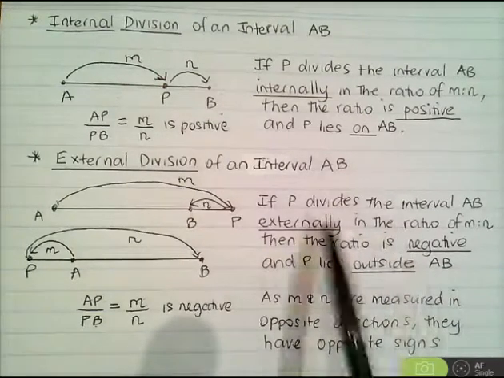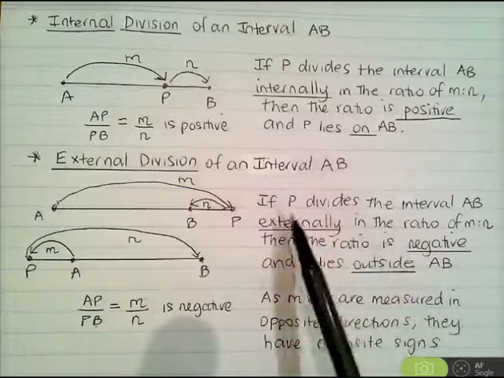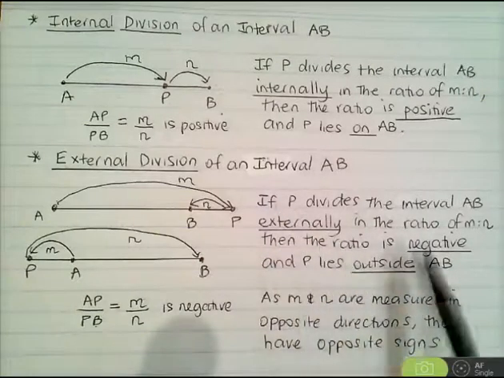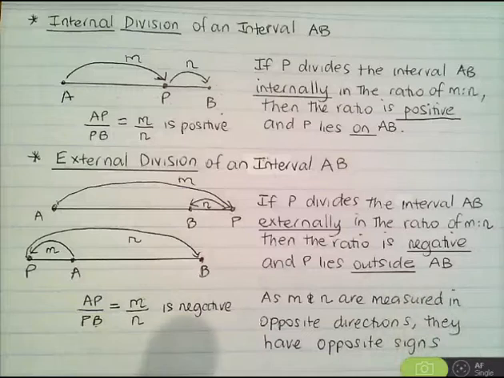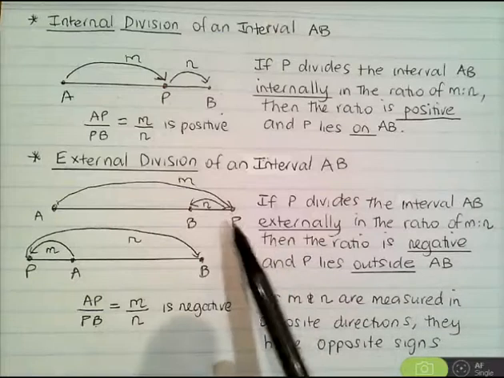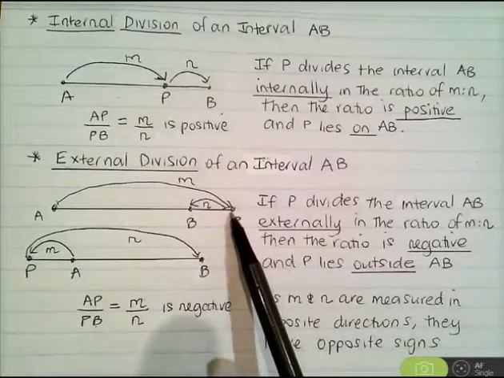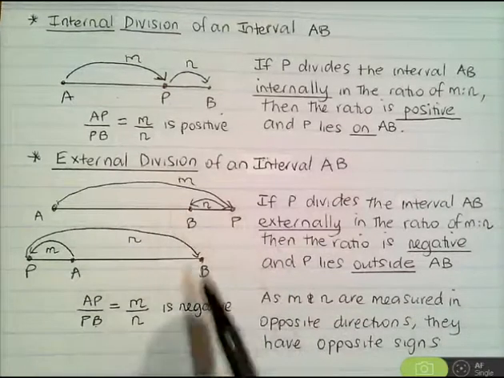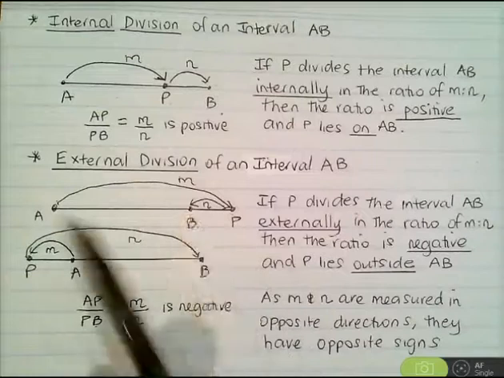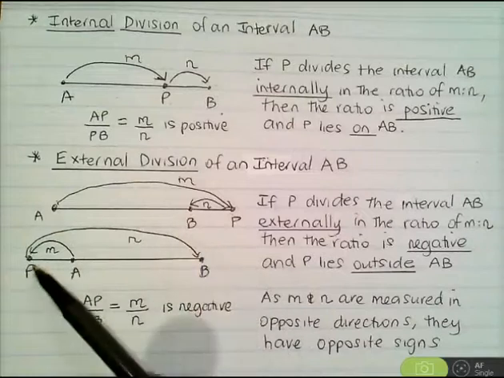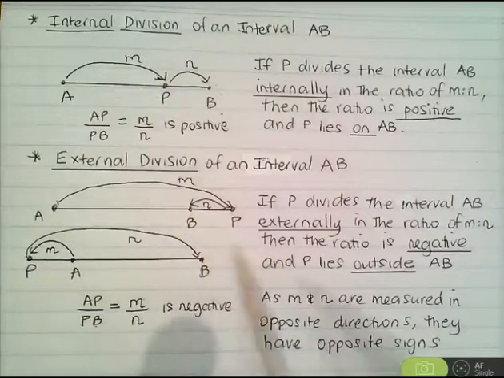So when we're dividing an interval externally in the ratio of m to n, then the ratio will be negative, okay? And I'll show you how to do that when we do some examples now. And notice that if it's external division, then your point P will lie outside your interval. So P is on the right here, it's outside of the interval AB, and here P is on the left of interval AB, and it's also outside.